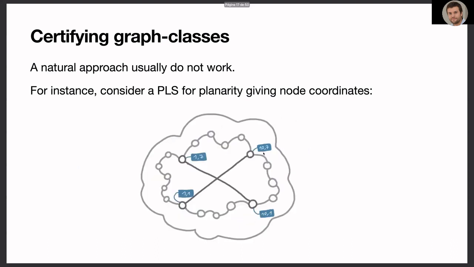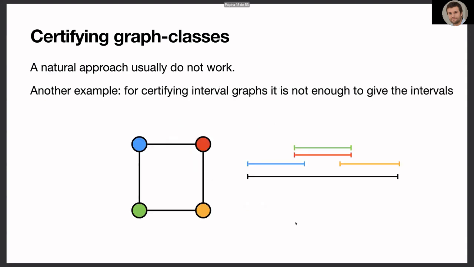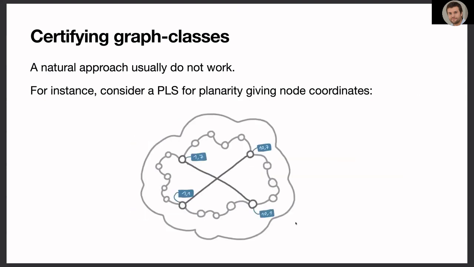The problem is that the edges that cross can be very far away in this graph, and the vertices have no means to know if a crossing edge is somewhere far away in the topology of the graph.